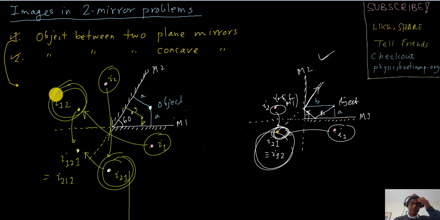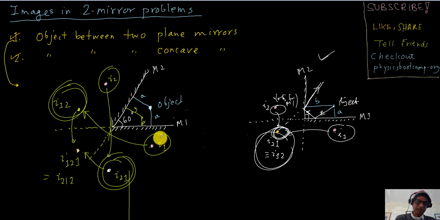But then there are rays which actually reflect and then come out. One, like this one, maybe goes here and goes here, so it has to come out of which mirror.